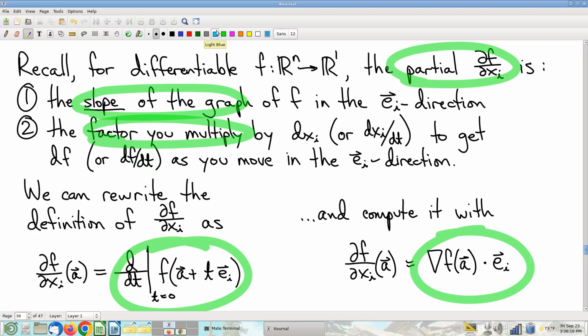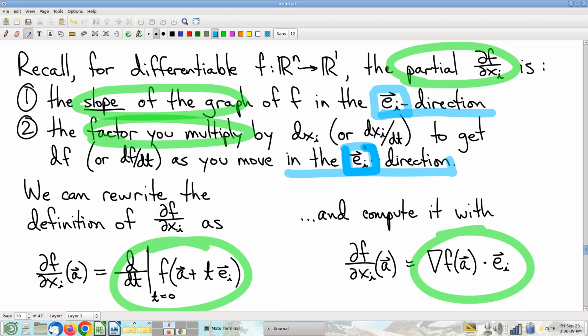Notice, nothing that I have on the page here is talking about variables. We're talking about a slope as I move in the direction of a certain vector. Unit vector, ei. It's a factor that you multiply input change by to get output change, assuming you are moving in the direction of a certain vector.